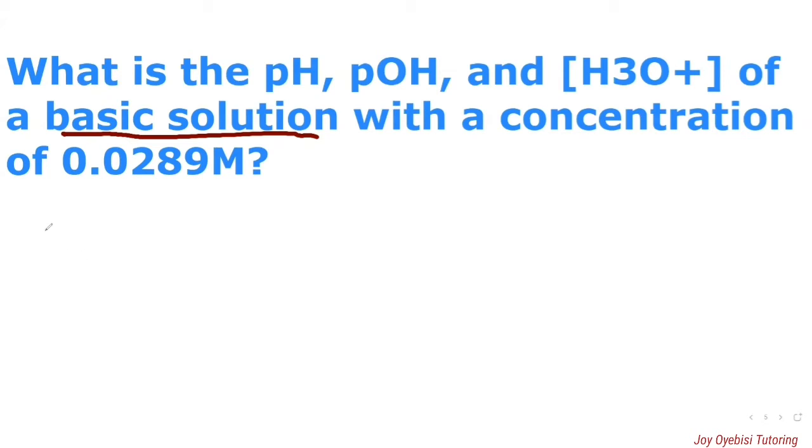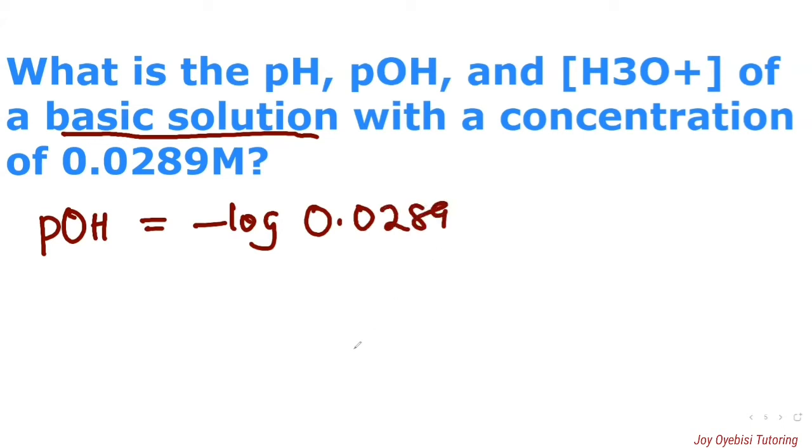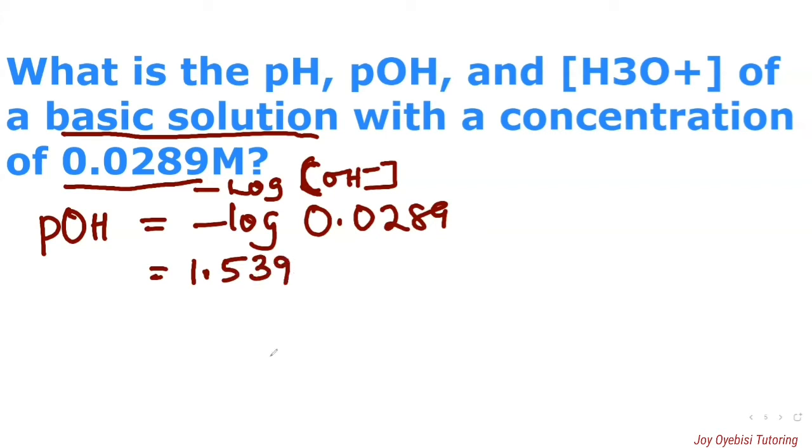So in this case, we start with solving for the pOH, which is pOH equals negative log of 0.0289, okay, which is, if we put the formula, that would be log of OH, right? So this is the concentration of the basic solution. Now, when we solve for this, we are going to be having 1.539, okay?